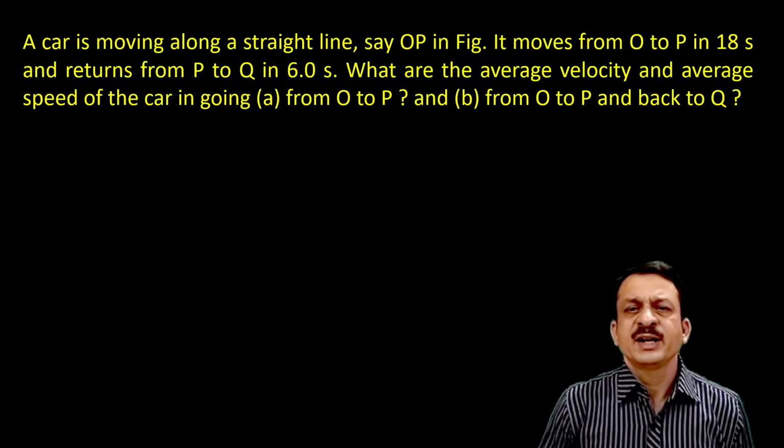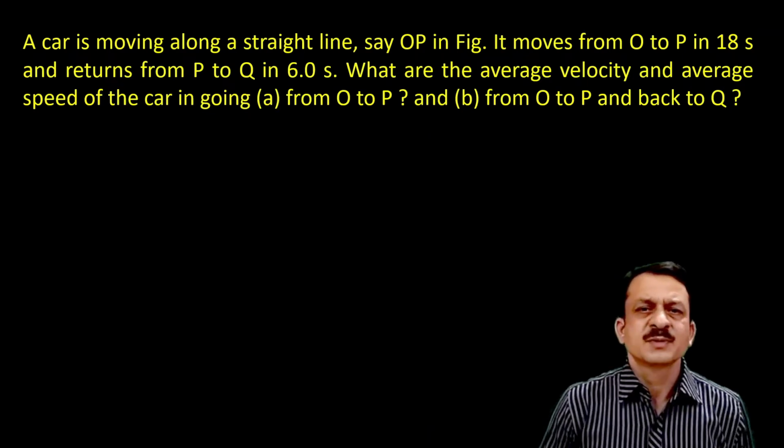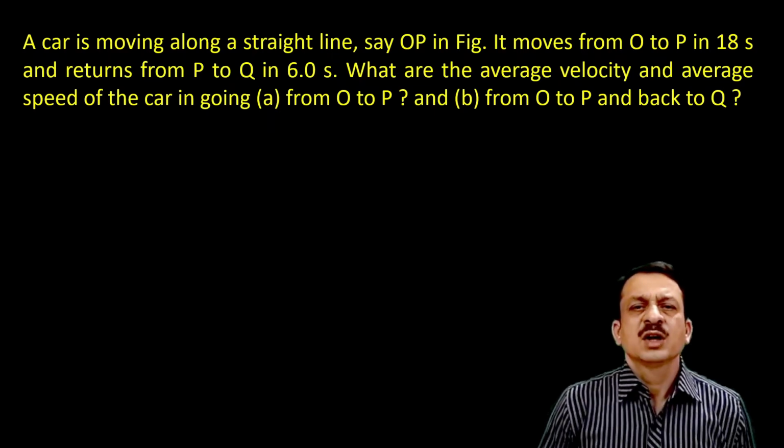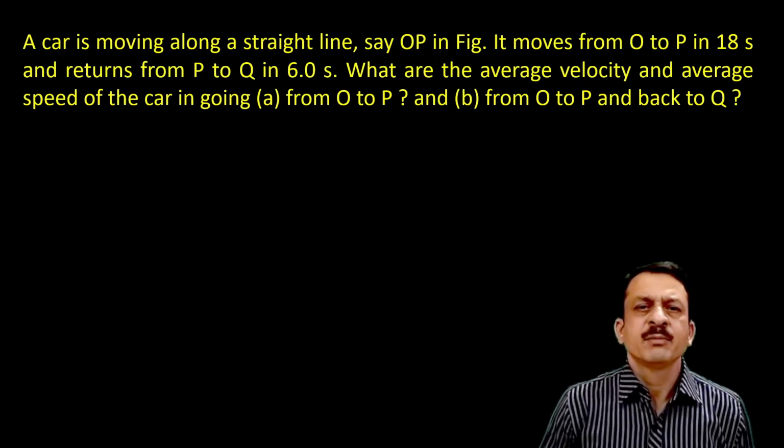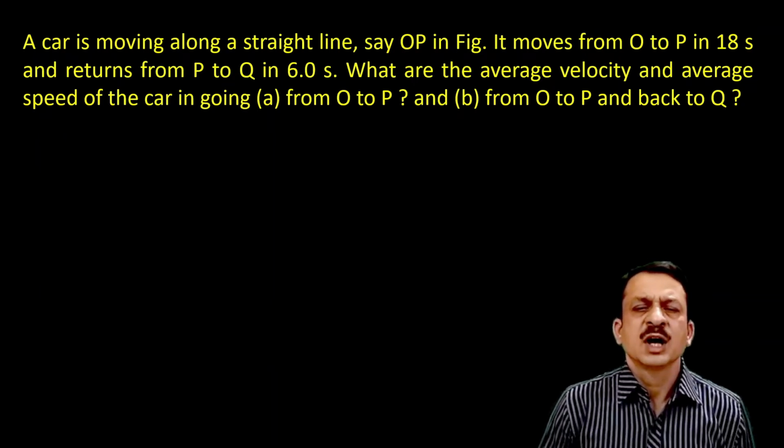Then what are the average velocity and average speed of the car in going from, there are two cases, A from O to P, B from O to P and then back to Q. Let us work out the average velocity and average speed in these cases.